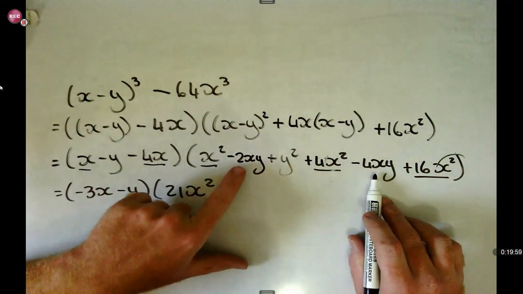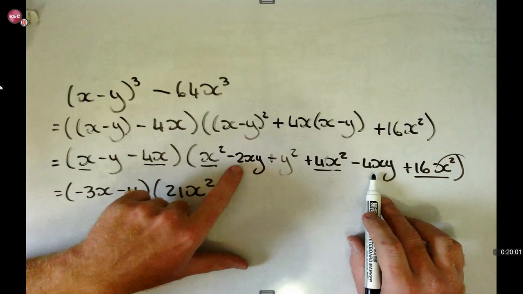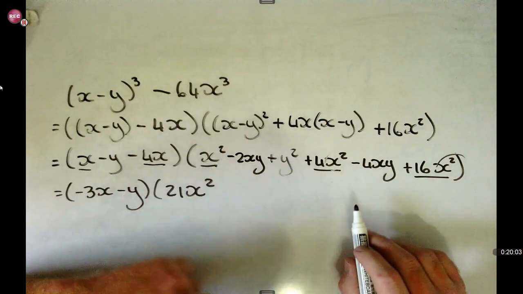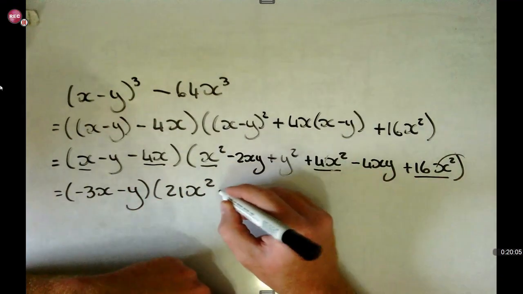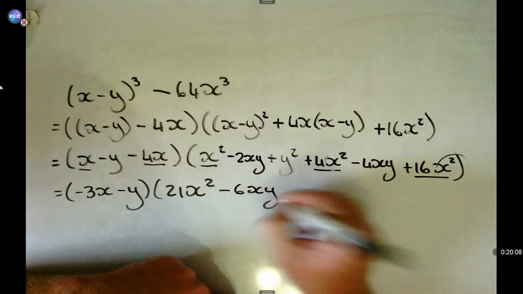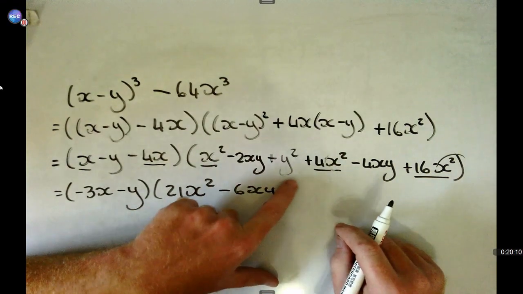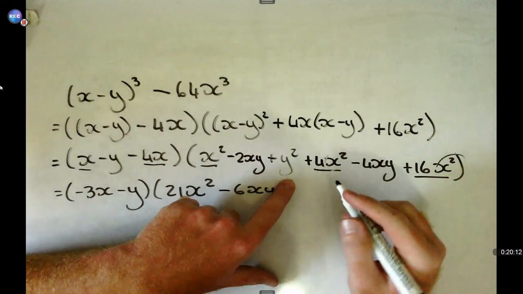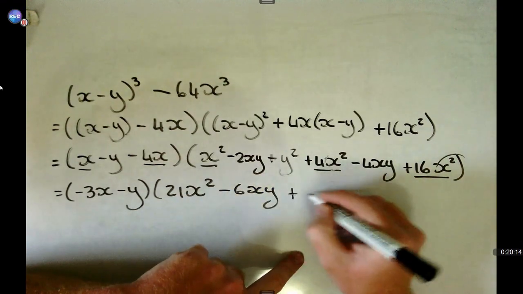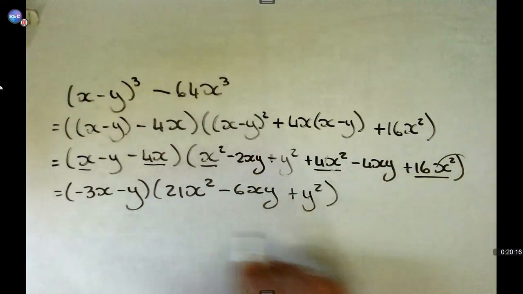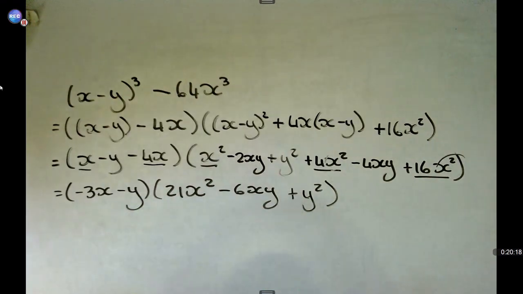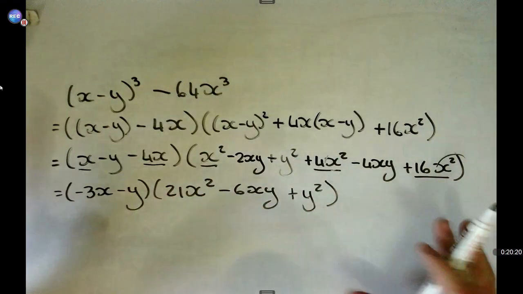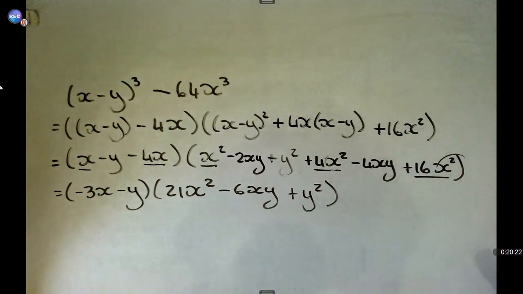Okay, so negative 2xy minus 4xy will give me negative 6xy. And then obviously the y will be added at the back. So we'll put plus y squared at the back. No more like terms to sort out. So your question has been factorized fully.